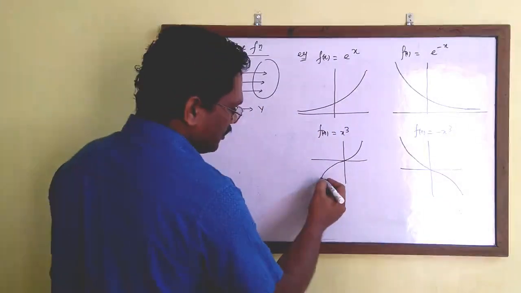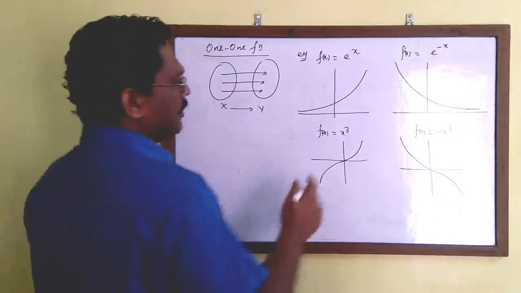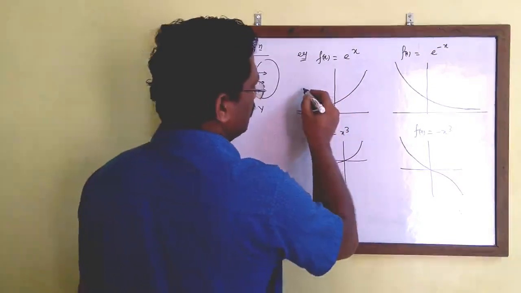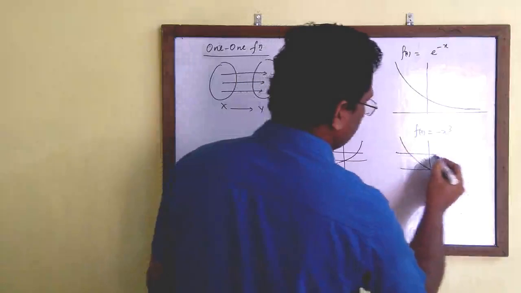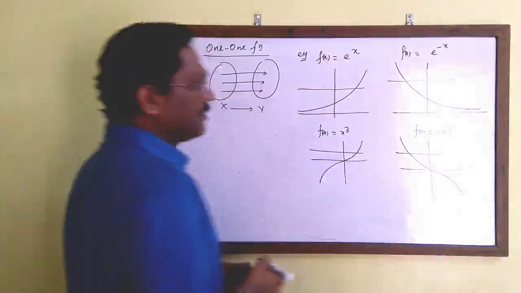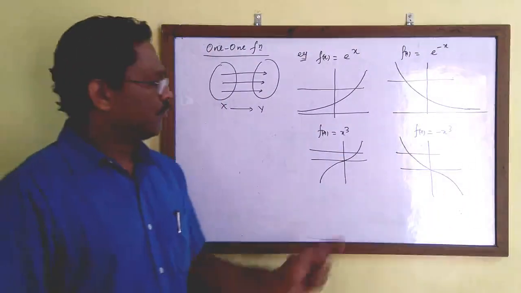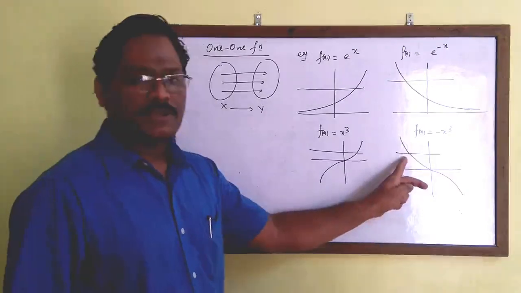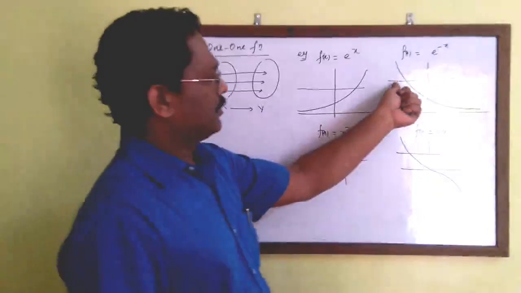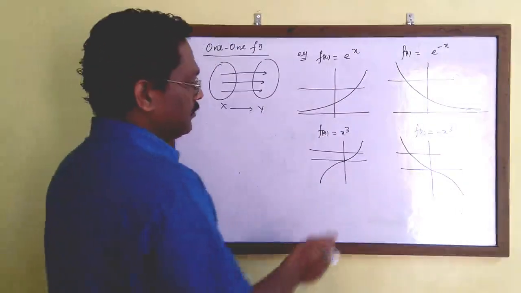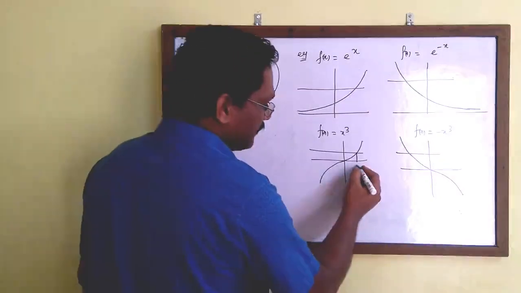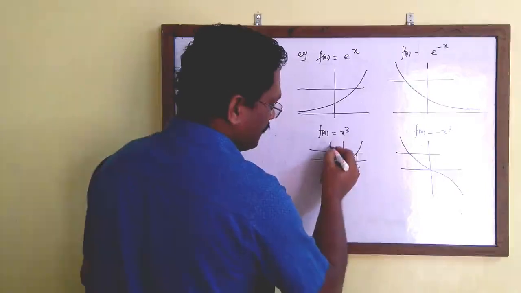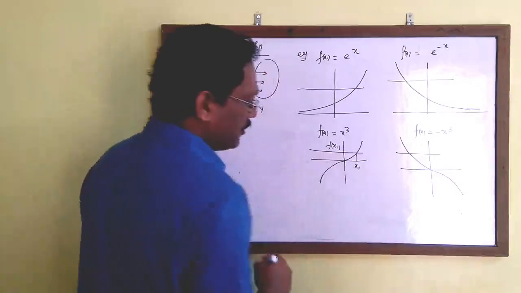In all four of these graphs, if I draw a line parallel to the x-axis, which means y equal to constant, it meets the graph at one point. That means there is only one value of x which gives this particular value of y.